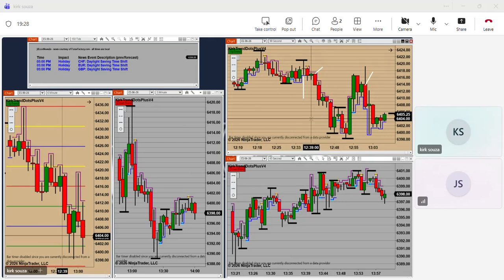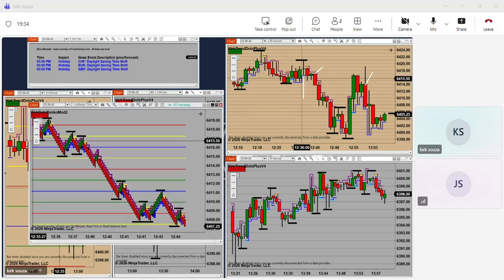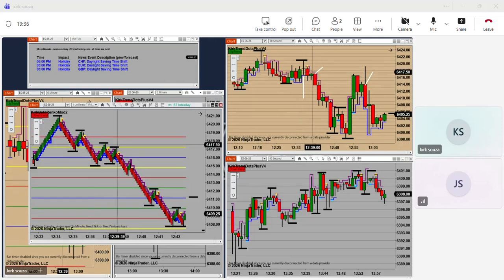The uni would pick it up. Watch. This pullback. There's a pullback right there. See it turn, it went blue, black, and then it went yellow. So your entry is right there.